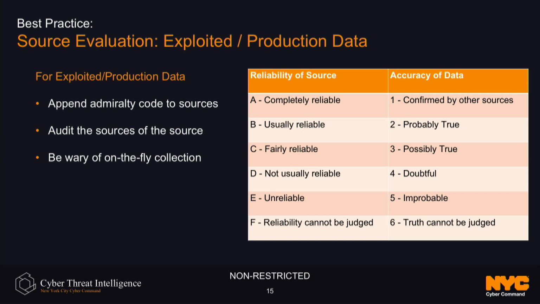I know it might be arduous, it might be a little painful sometimes, but whenever your stakeholders ask you to derive some sort of assessment, you already have a pre-collected list of all your sources, and you can see their reliability and accuracy. It saves you time from revalidating it. And every single time you use that one source, update that Admiralty Code. It's almost like having a Rolodex of your historical relationship with that source.